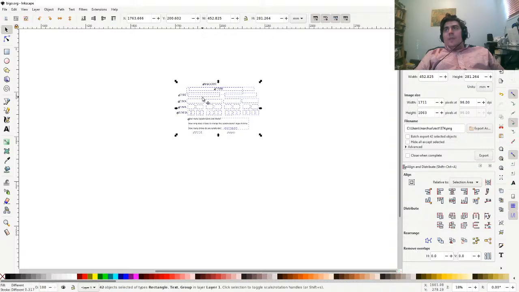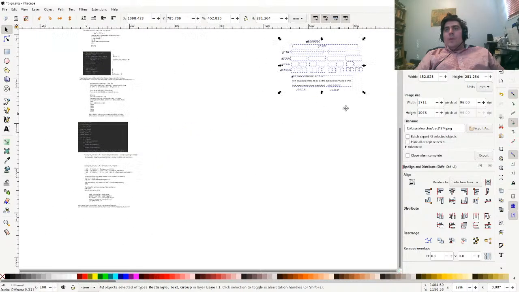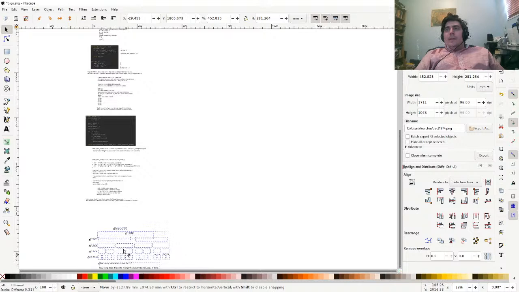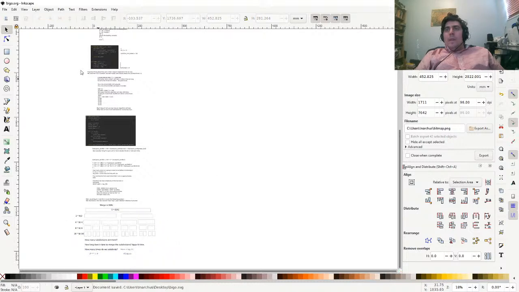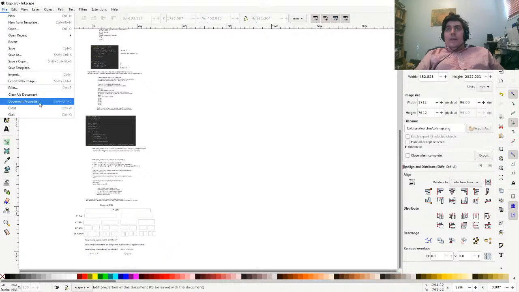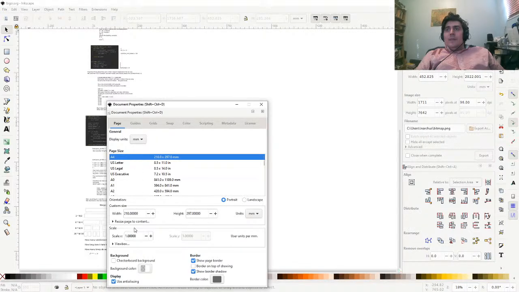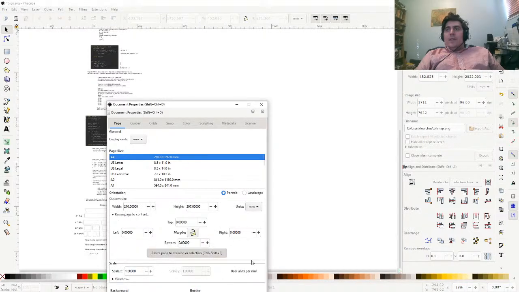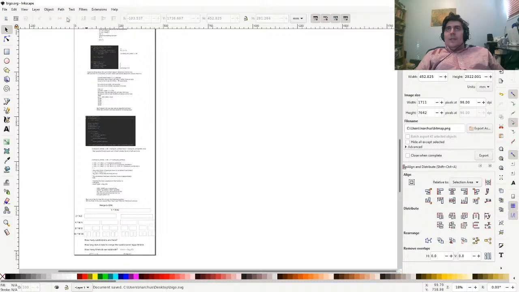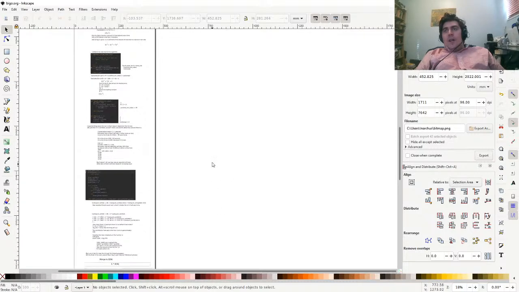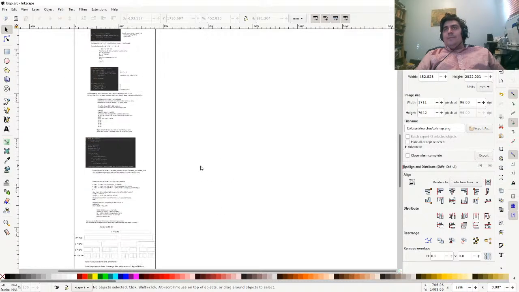Almost got it. Hopefully it doesn't crash. And then let's document properties, resize page to content, save again. Alright, I guess I'll upload this thing so you can have it.